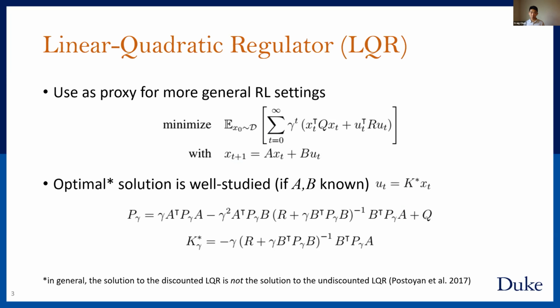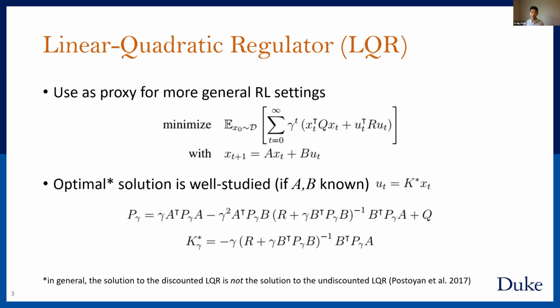We're also interested in the infinite time horizon problem of minimizing this quadratic cost. It's quadratic in the states and in the action, and gamma in this case is some discount factor. This discount factor will play an important role in the proof technique that we choose.